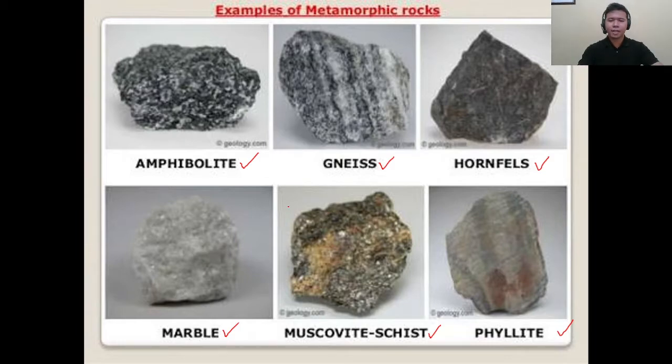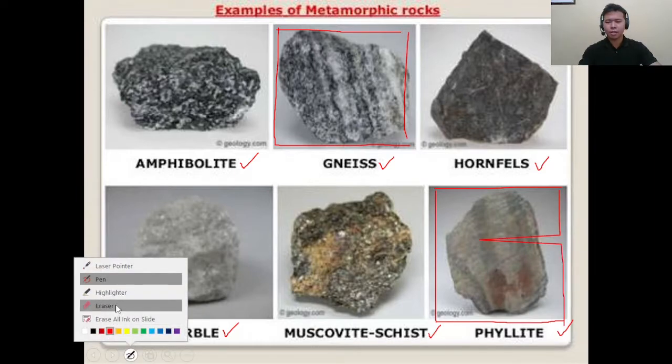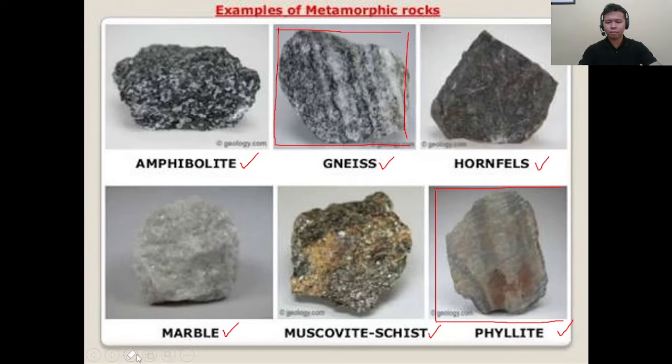For the foliated metamorphic rock, you try to observe gneiss and phyllite. Okay? As what you have noticed, they have striations or they have stripes within them. Okay? These stripes are formed layering the metamorphic rock.